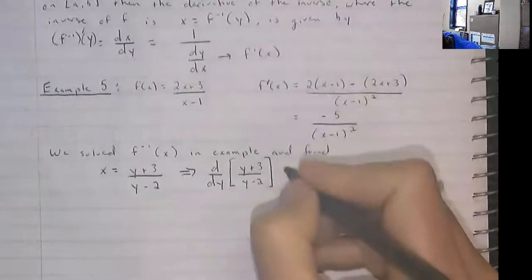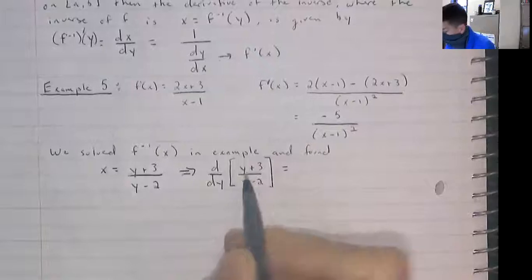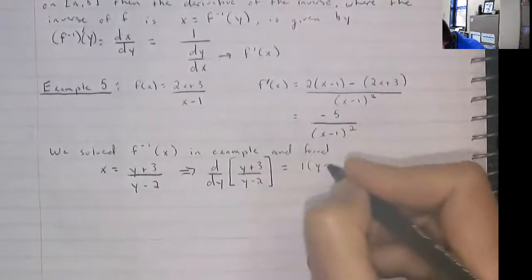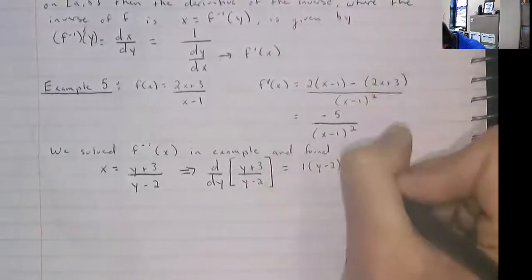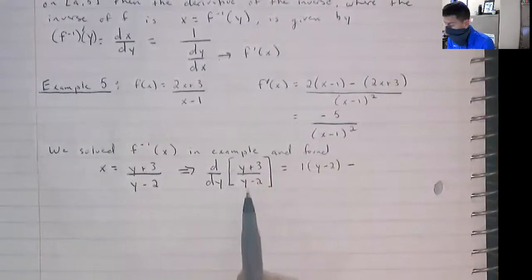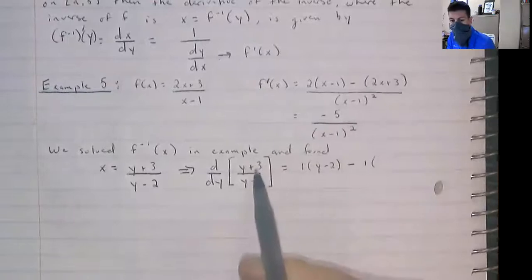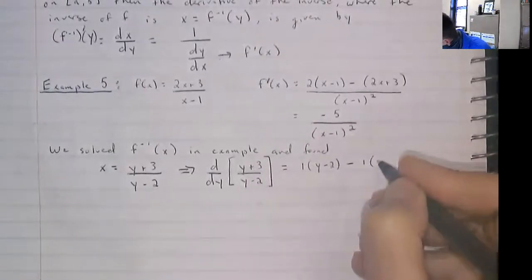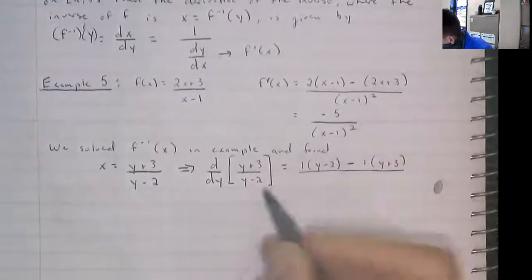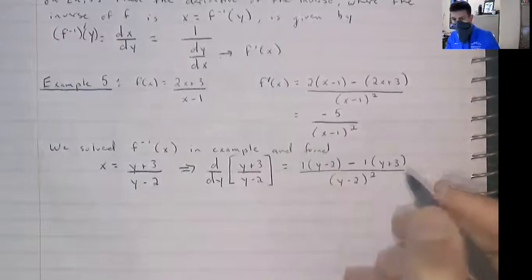We want the derivative of the numerator, y plus 3, with respect to y, which is 1, times the denominator, y minus 2, minus the derivative of the denominator with respect to y, again just 1, times the numerator, y plus 3, divided by the denominator squared. Quotient rule.